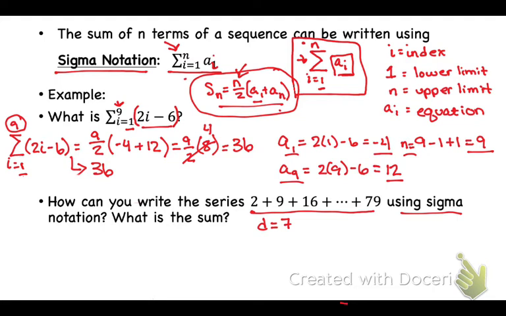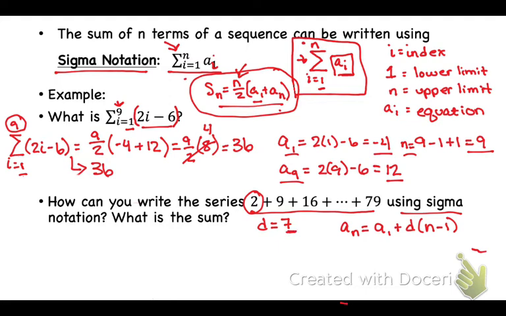Do we have a formula that helps me write an arithmetic definition rule equation? Yes. What is it? A sub n equals what? A1 plus d times n minus 1. Yep. So do I have A sub 1? Yes. Do I have the d? So can I write this formula?